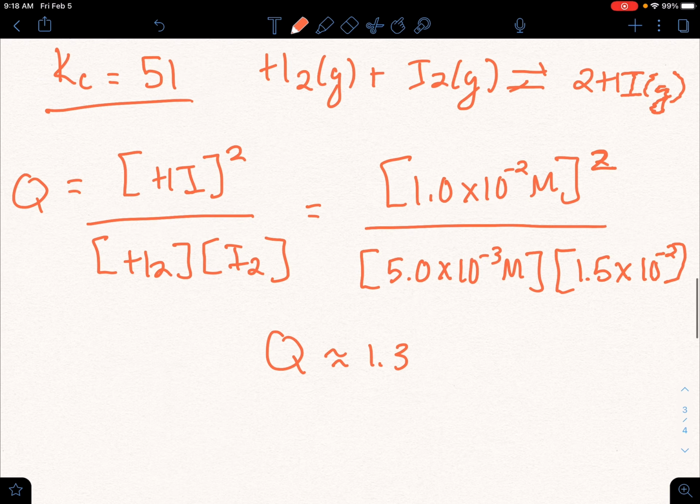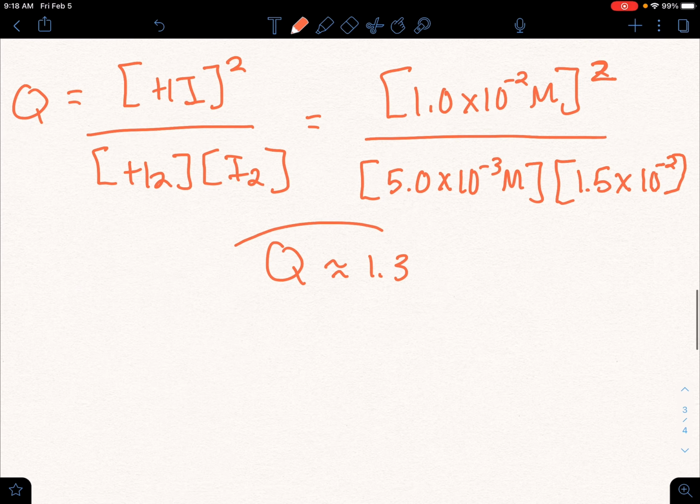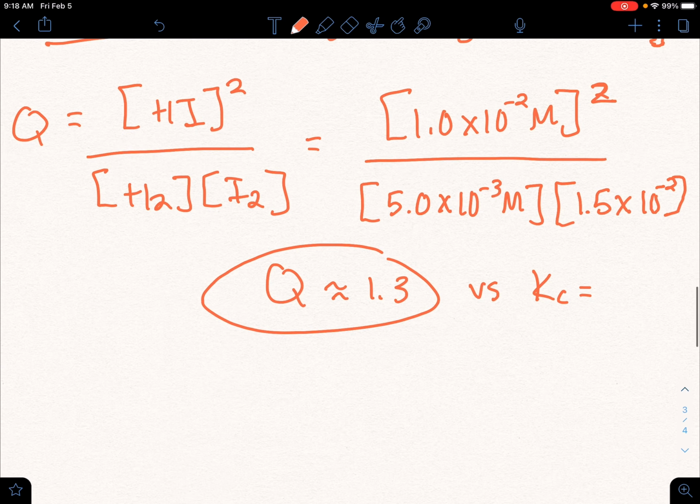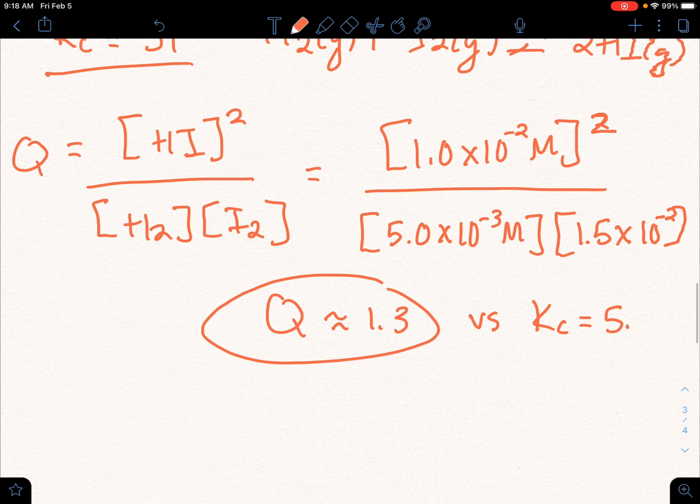So what does that mean? If we're comparing our Q versus K, which was 51, our Q is less than K. In this case, that means we need to go to the right.